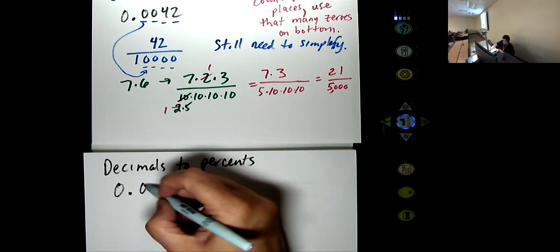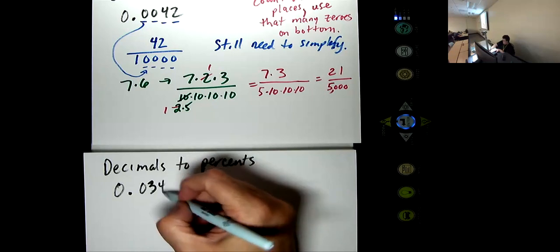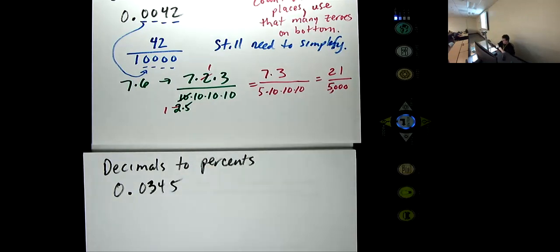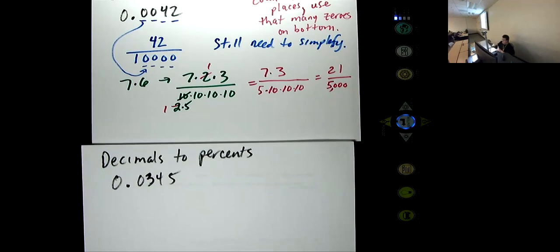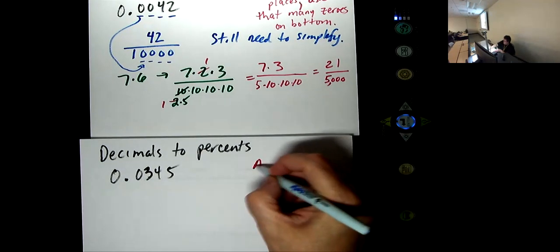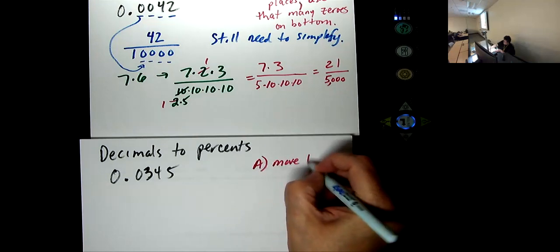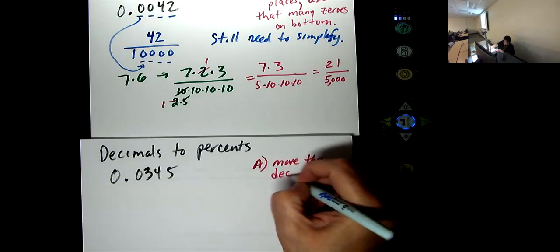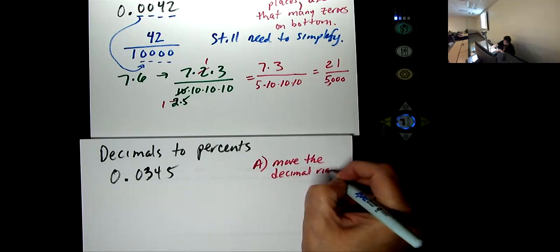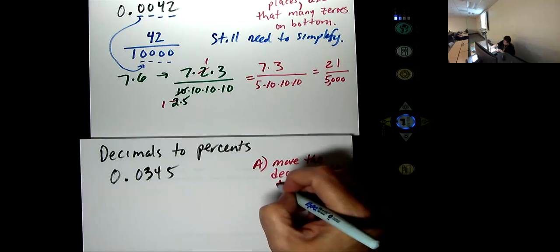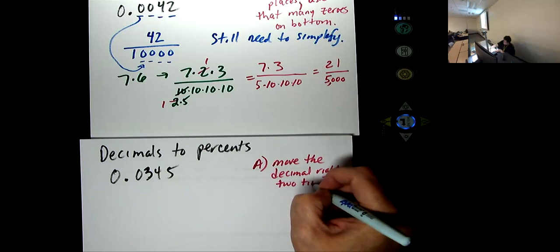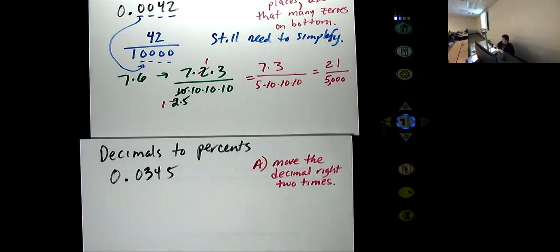0.0345. There's only 2 steps in this. A, move the decimal right twice. I'll say 2 times in case you don't know what twice means.